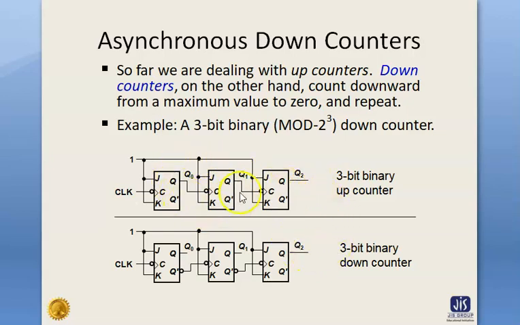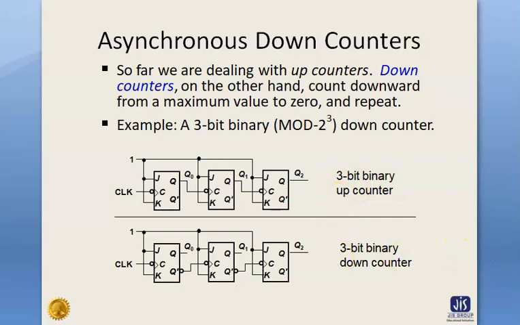If we modify this up counter such that the clock input of the next flip-flop is the complementary output of the previous flip-flop, and so on, in this way we can convert an up counter to a down counter.